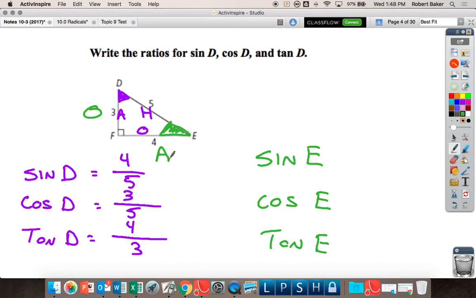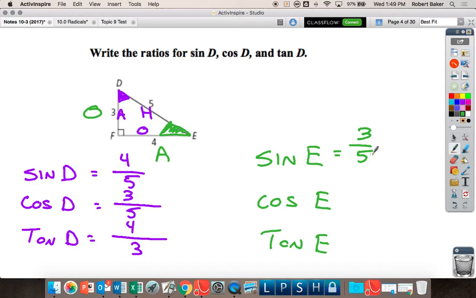So can you figure out what the sine of E is? The sine of E is still opposite over hypotenuse, but now the answer is 3 over 5. The cosine of E, the function is still the same. Cosine is adjacent over hypotenuse.